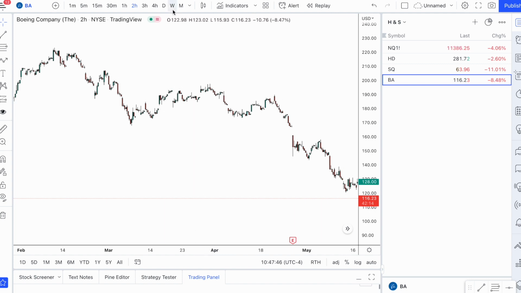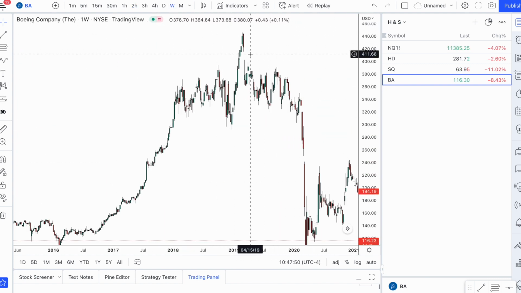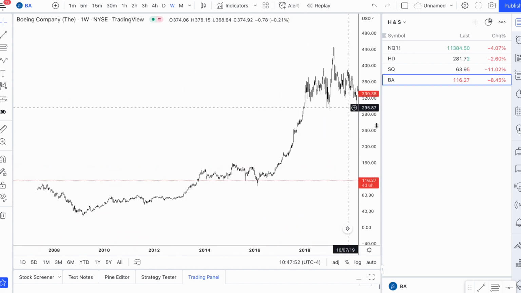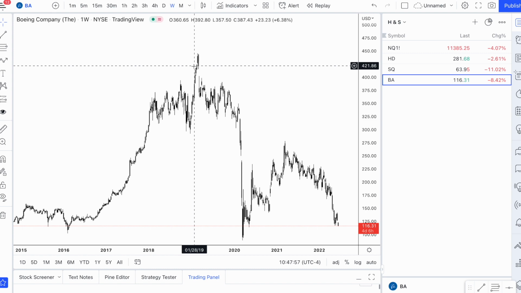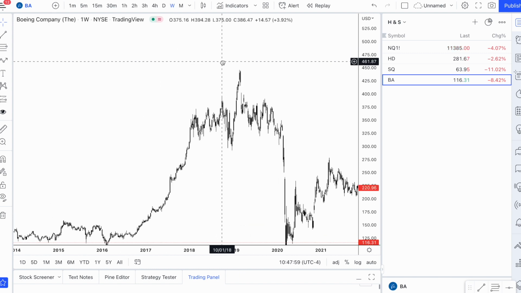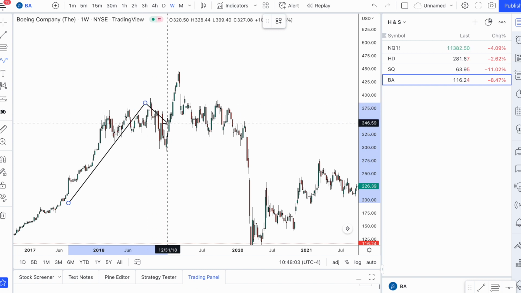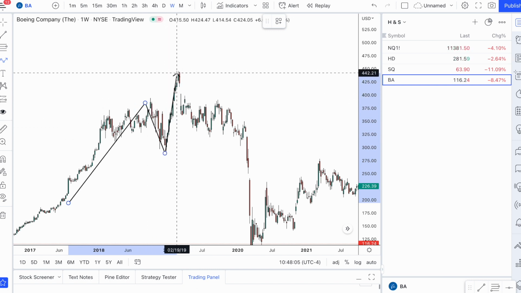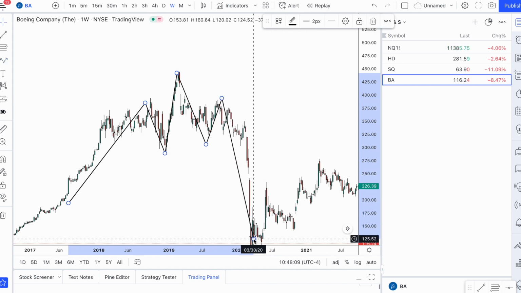Last example here is going to be on Boeing. If we zoom out to a much higher time frame, the weekly, this is the whole chart of Boeing. The high of the last 4 or 5 years has actually been a head and shoulders pattern, right? Price came up here, went lower, made a head here, lower, made the shoulder, and then ended up going down.